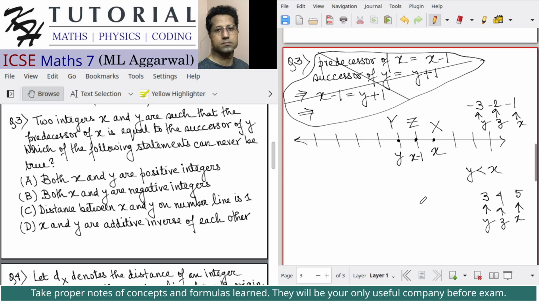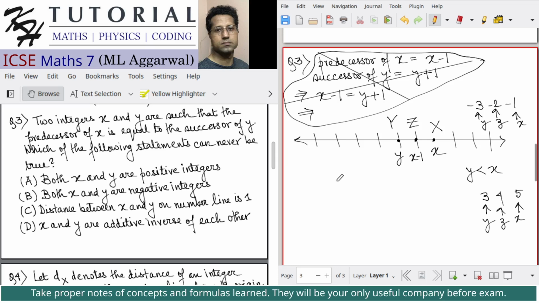Choice C, distance between x and y on number line is 1. Remember that the problem is asking which of the following statements can never be true. So let's find. What is the distance between y and x? We don't know exactly the value of y and x, but can we find the distance between y and x?